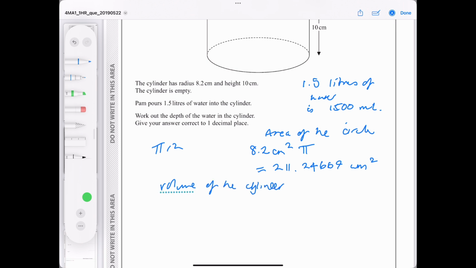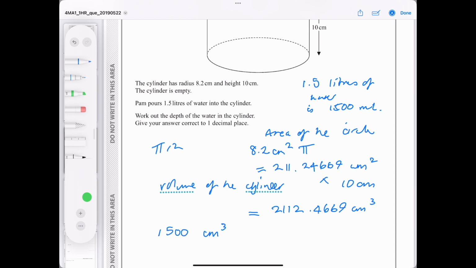Now, that means that the volume of the cylinder is merely that times 10 centimetres. So the volume of the cylinder is 2112.4669 centimetres cubed. And presumably we only actually need 1,500 centimetres cubed.